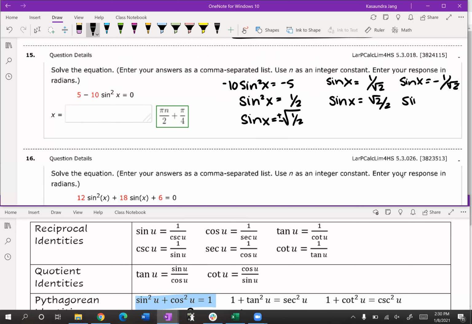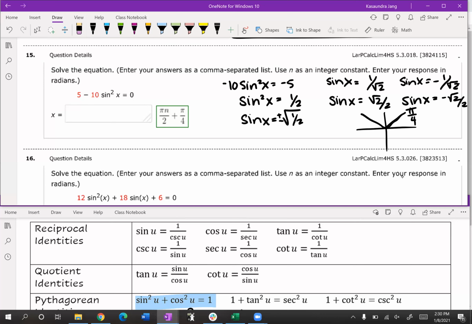If I rationalize the denominator, I get a positive root 2 over 2 and a negative root 2 over 2. All right, so on my unit circle, let's see where we hit those. I assign my y values of root 2 over 2 here at pi fourths. And then let's see, I get a positive root 2 over 2 again here at 3 pi fourths.